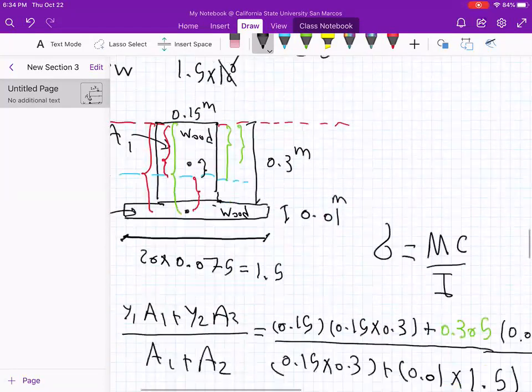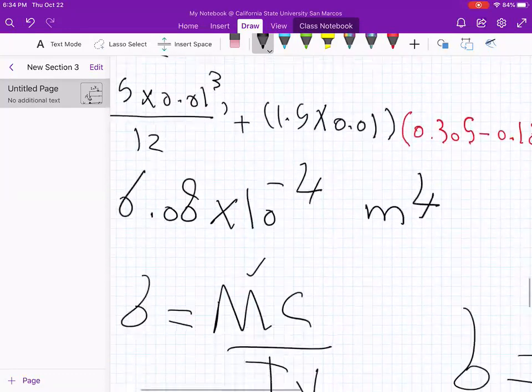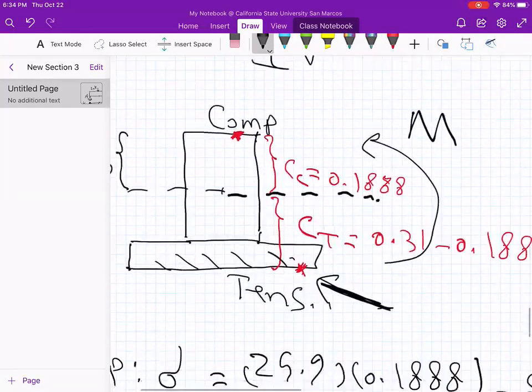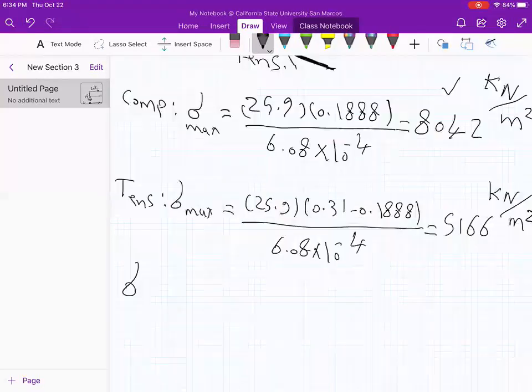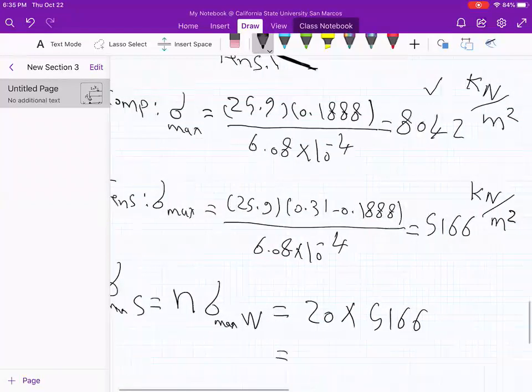Now we found sigma for the wood here. Therefore, sigma max in the steel would be n times sigma max for wood, right? n is 20, so 20 times 5166. That's the last thing, we should not forget this one.